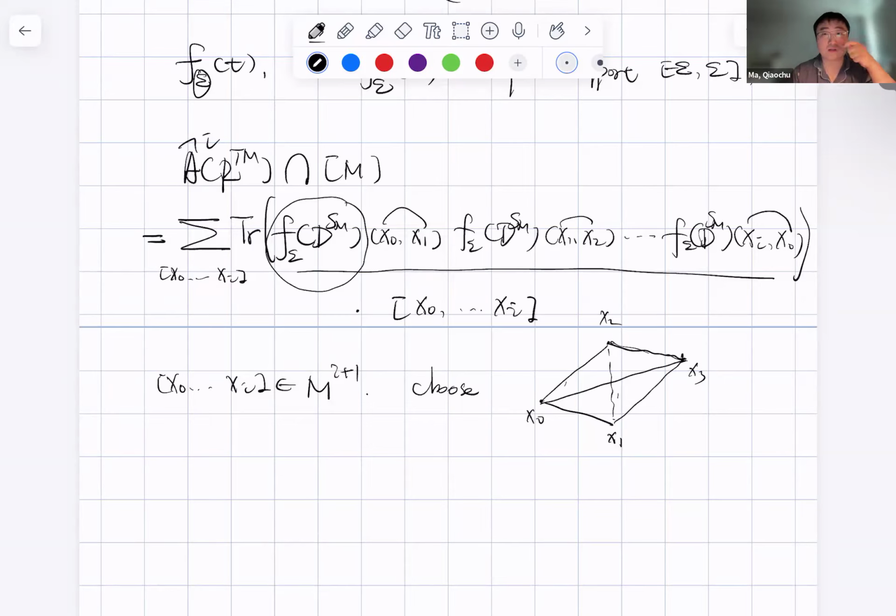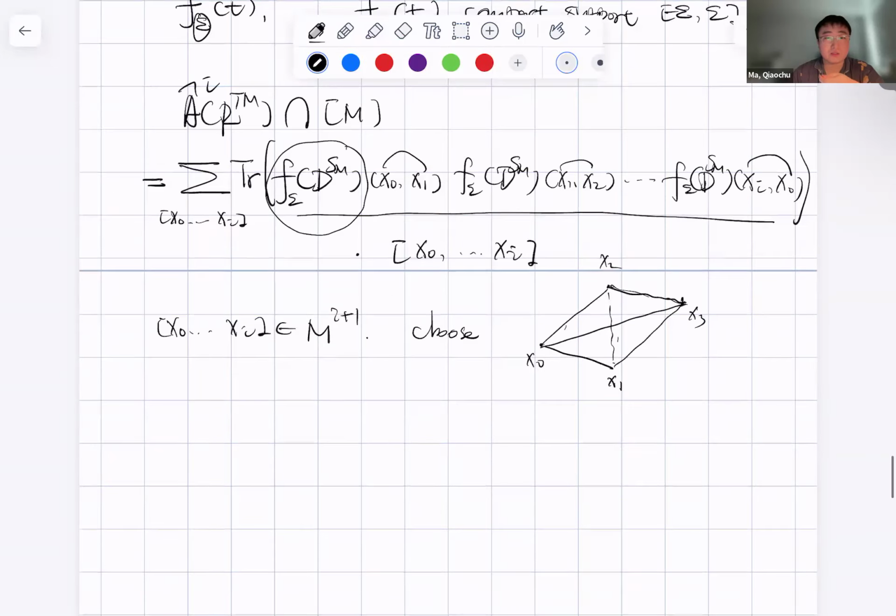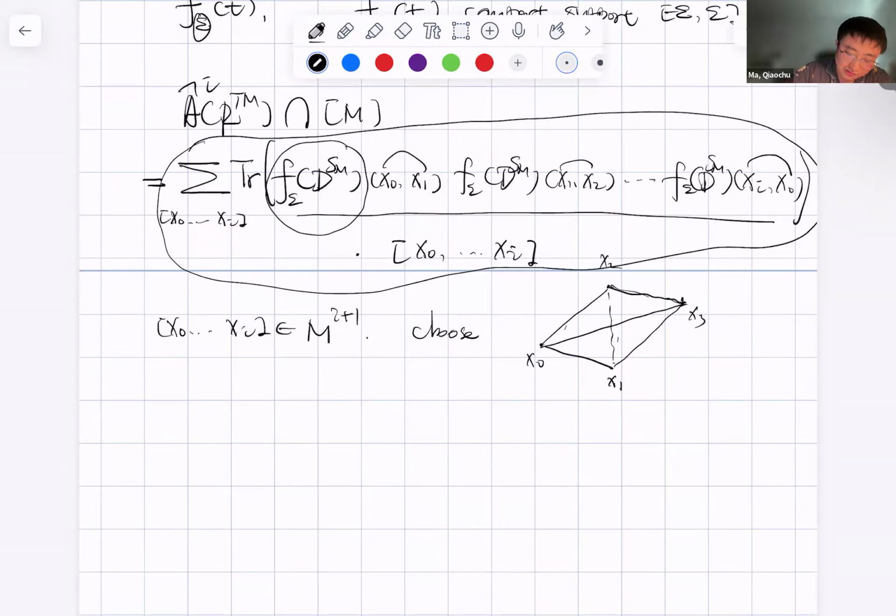So for any set of points, we construct an authentic simplicial with those points as vertices, and take the summation over all these points.